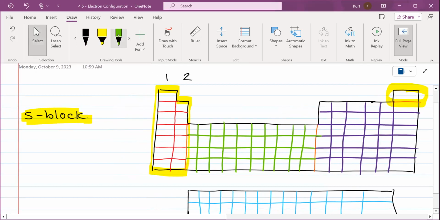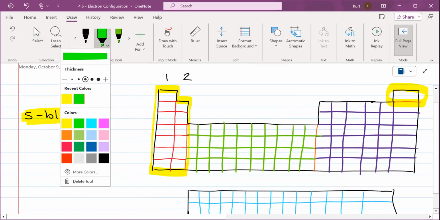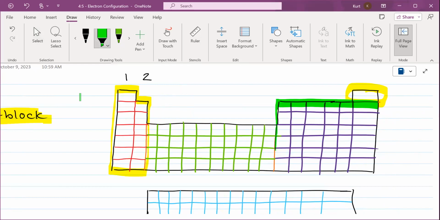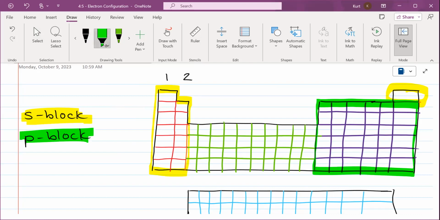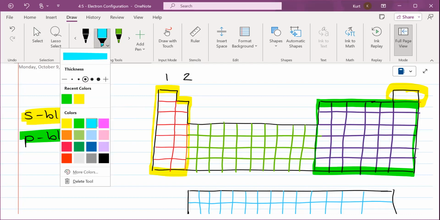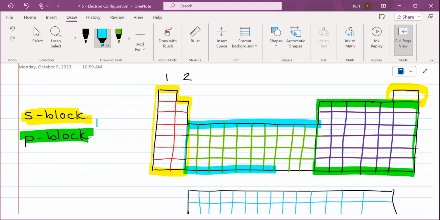After S comes the P block. After P is the D block.